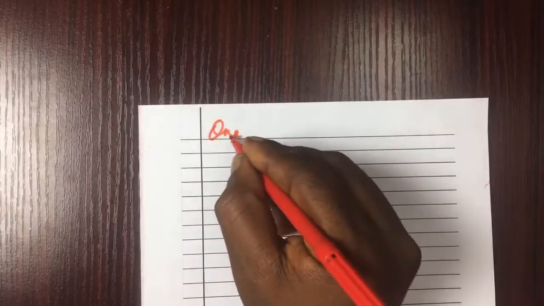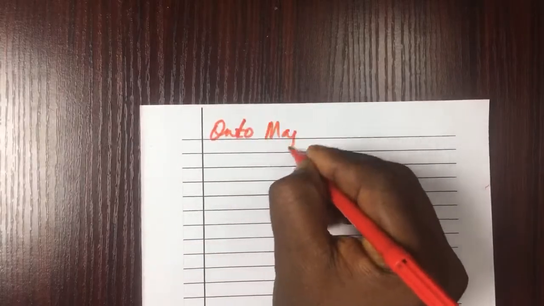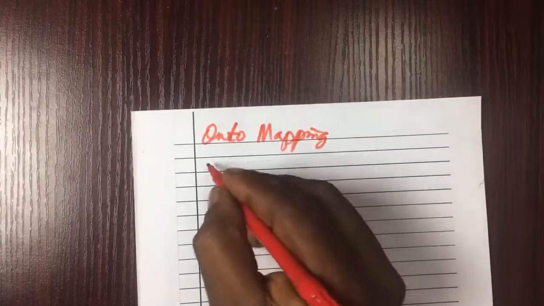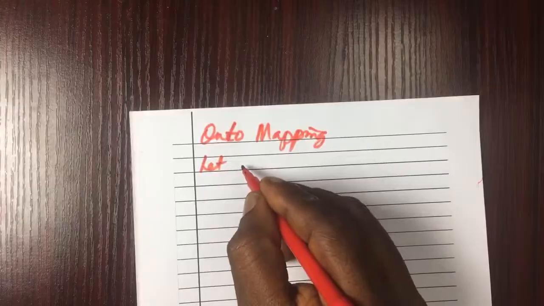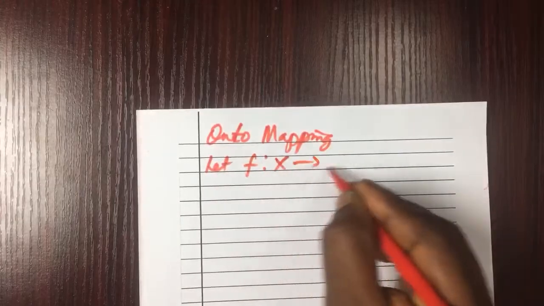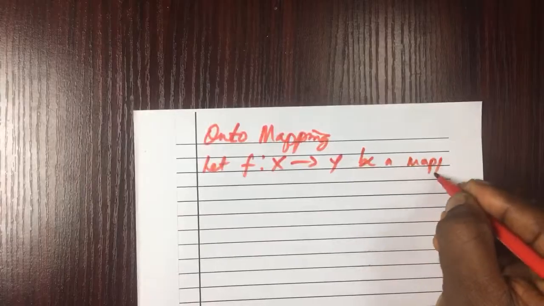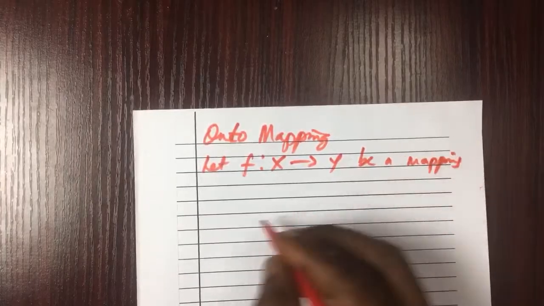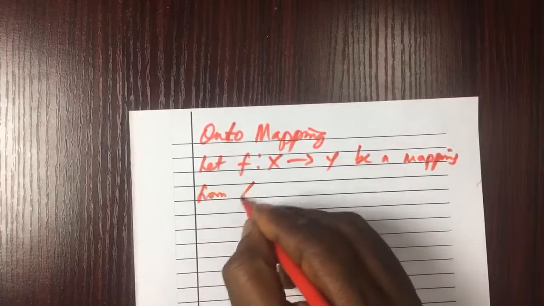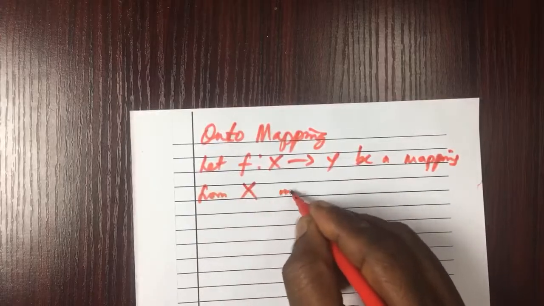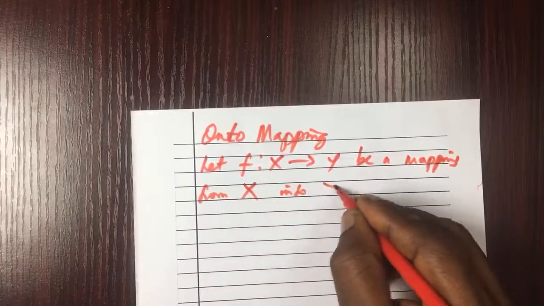So when is a mapping onto? Just like we did earlier on, let f from domain X into codomain Y be a mapping.